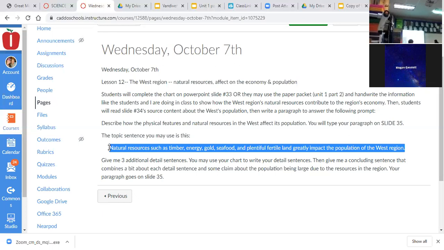Greatly impact the population of the West region. Impact, Ben summarized perfectly. He says that means change. Yes, it does. Impact means change. Ben, Benson. Yes, that's him.